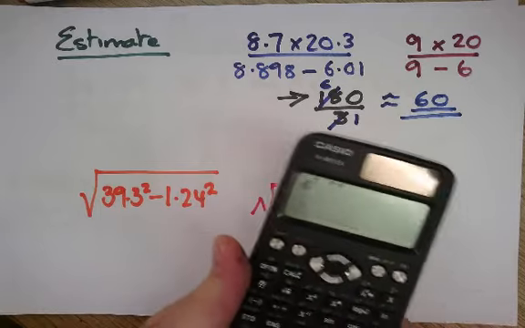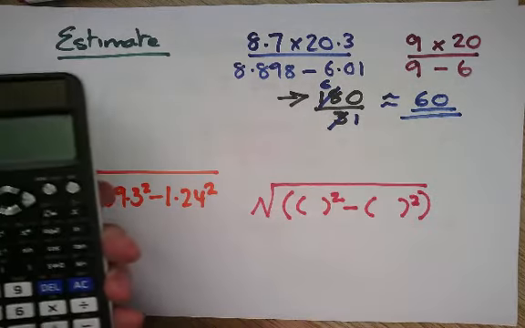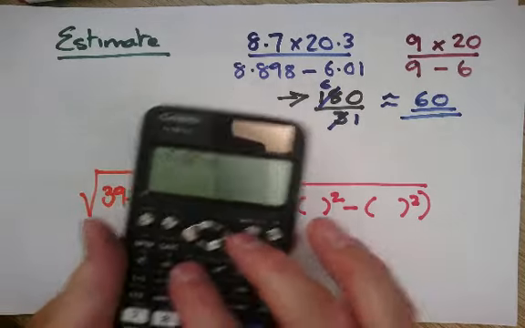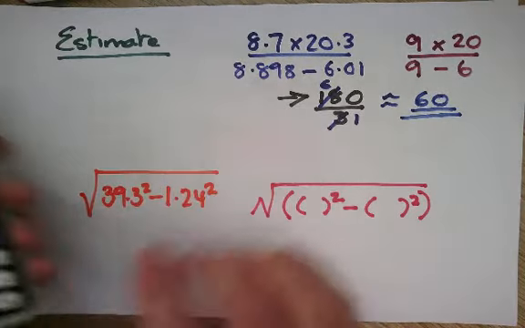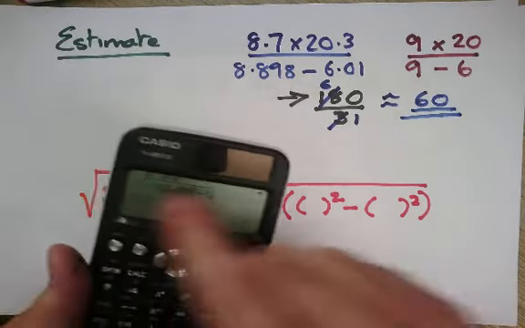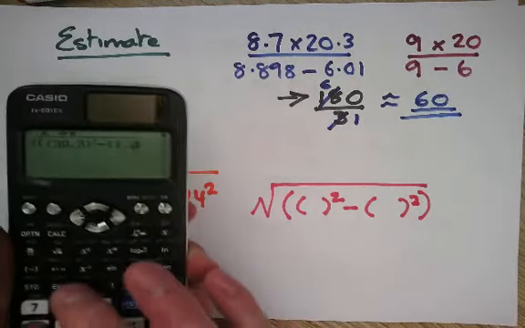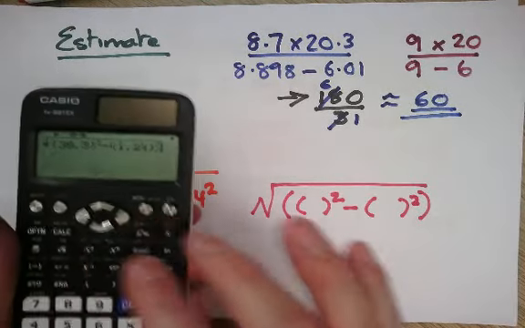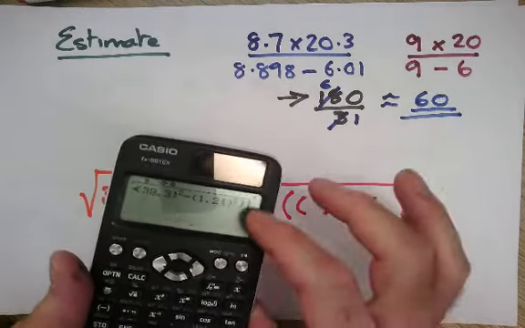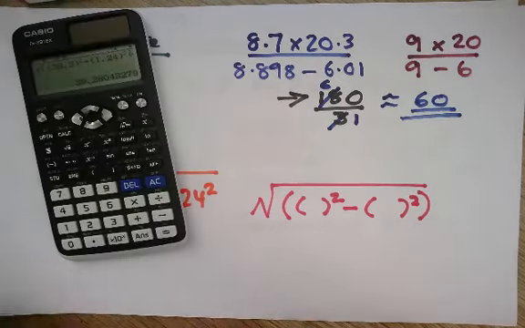Now, I might be excessive here, but if I get used to brackets, then I can answer most of these questions easily. So turn it on, as you can see it's flashing. The square root button, then open bracket, I need to put 39.3, close bracket, squared, minus, and one reason you do the brackets is because you don't know how that square root works, and this is a lot safer way of doing it. 1.24, close bracket, squared, close bracket, and then I need to make that flash fully on the right hand side, equals.